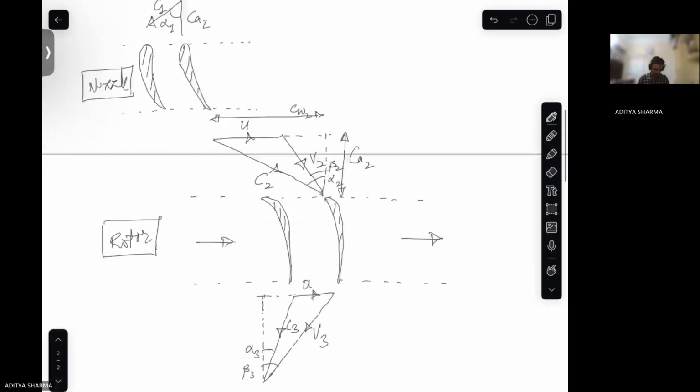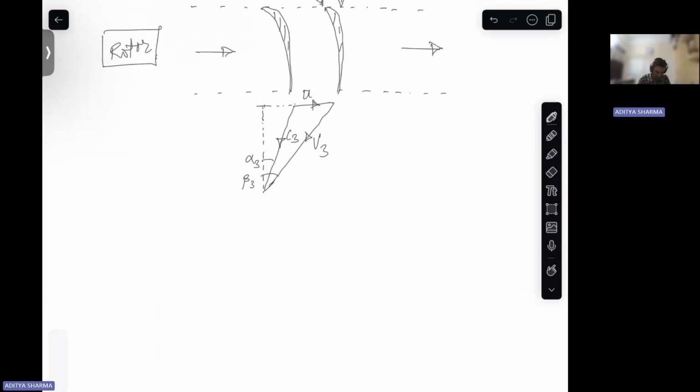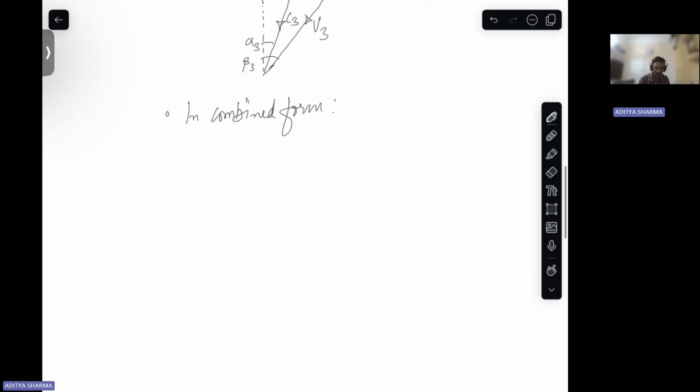Then in combined form also we can write velocity diagrams in this way. Because your U is same, right? The blade velocity is same. So we can just write it this way.